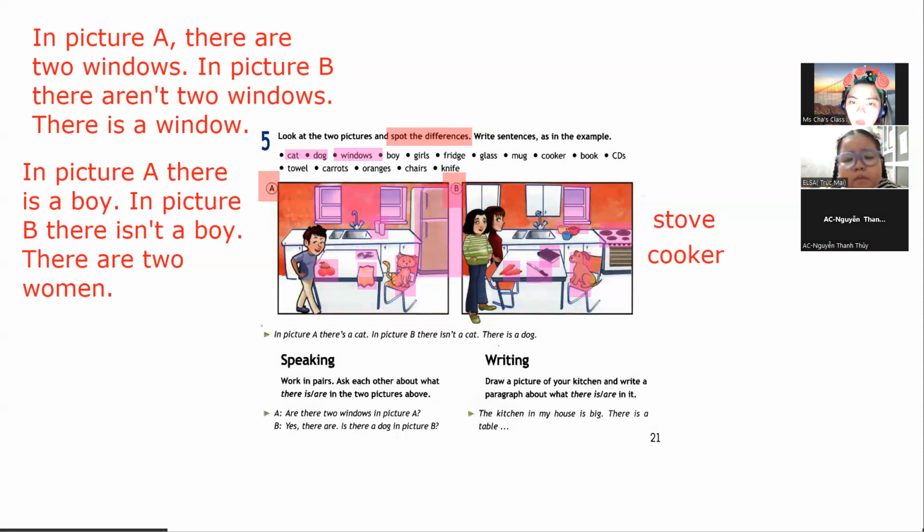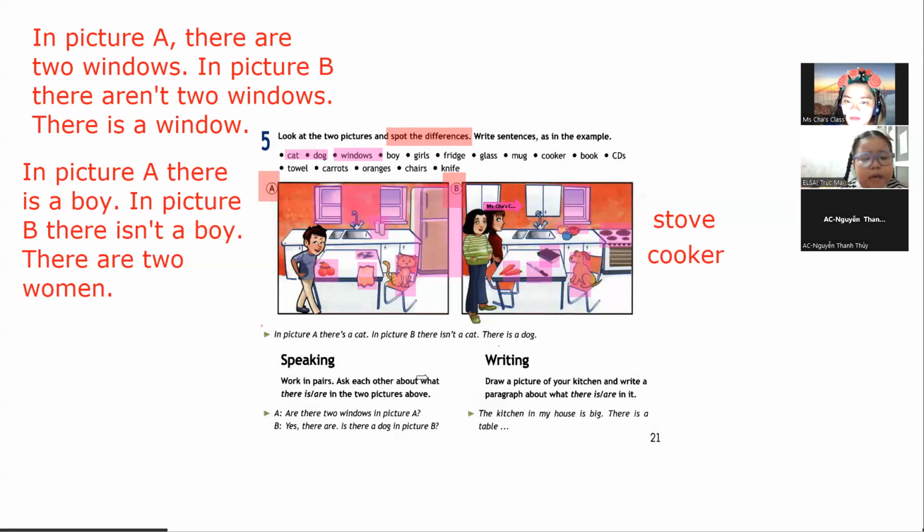Very good. Elsa, what do you call this white thing right there? Do you still remember that one? What do we call that? A cupboard. So how can you compare them? What can we say in here? In picture A, there isn't a window.